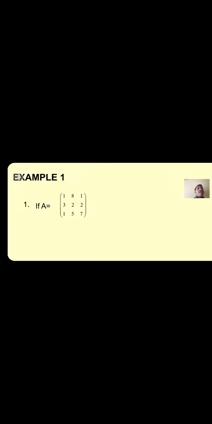Example. Let us see one example to get the concept easy. If A equals matrix 1, 8, 1, 3, 2, 2, 1, 5, 7. Find the minor of 8. So here we have to delete the row and column where 8 intersects, that is first row and second column.